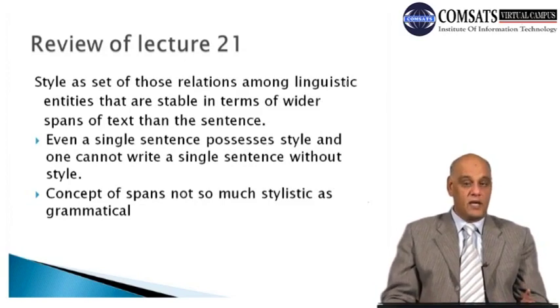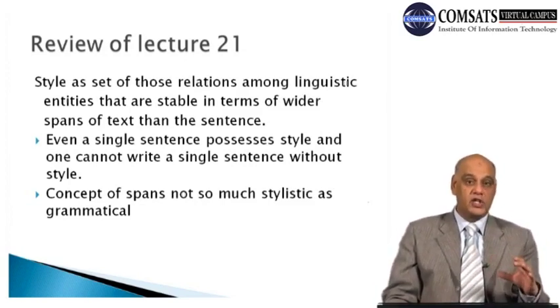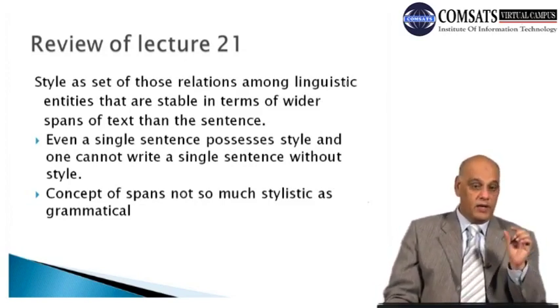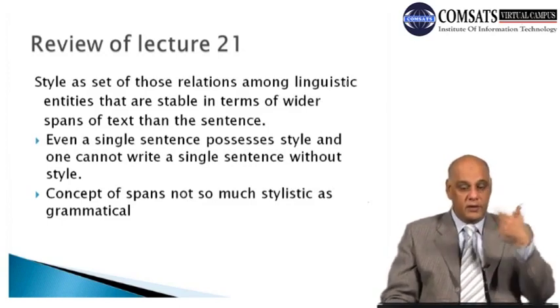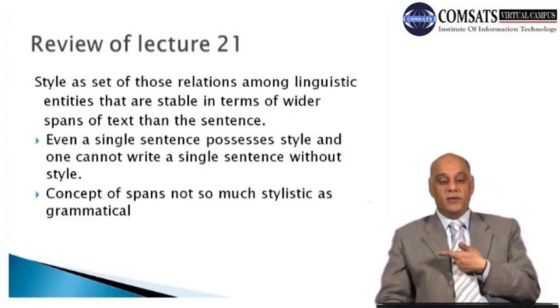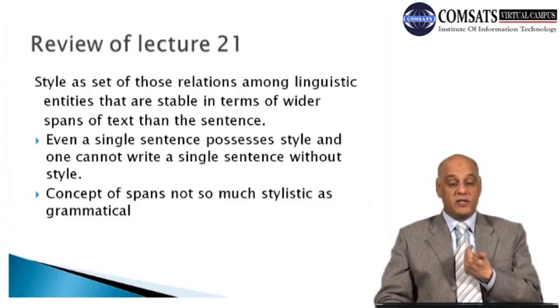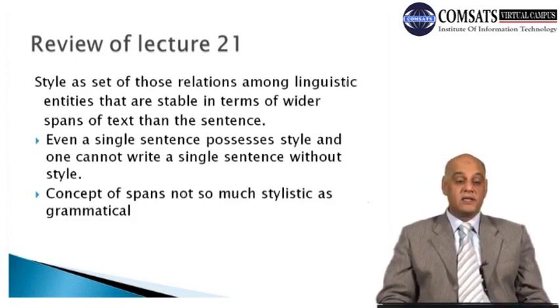Some entities are stable in a large text and may not be stable in a sentence, but even a single sentence possesses style, and one cannot write a single sentence without style.